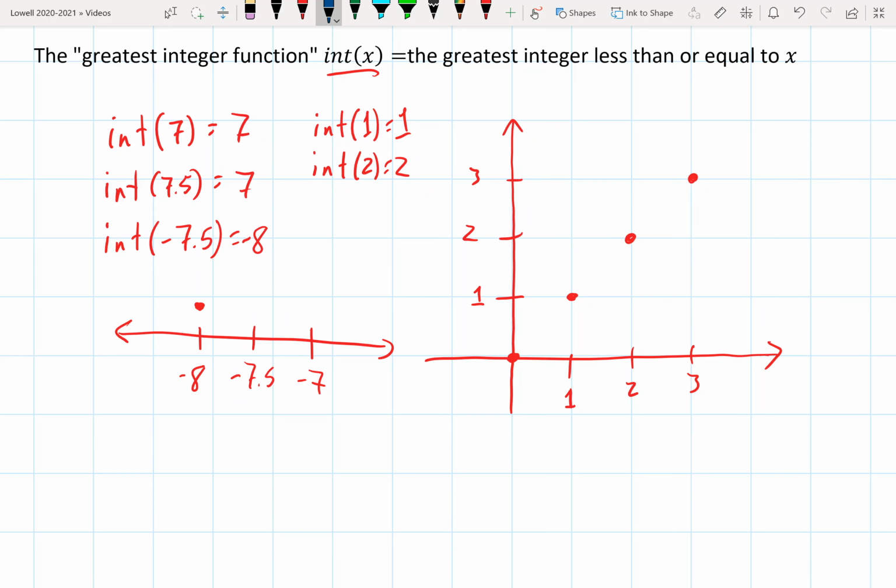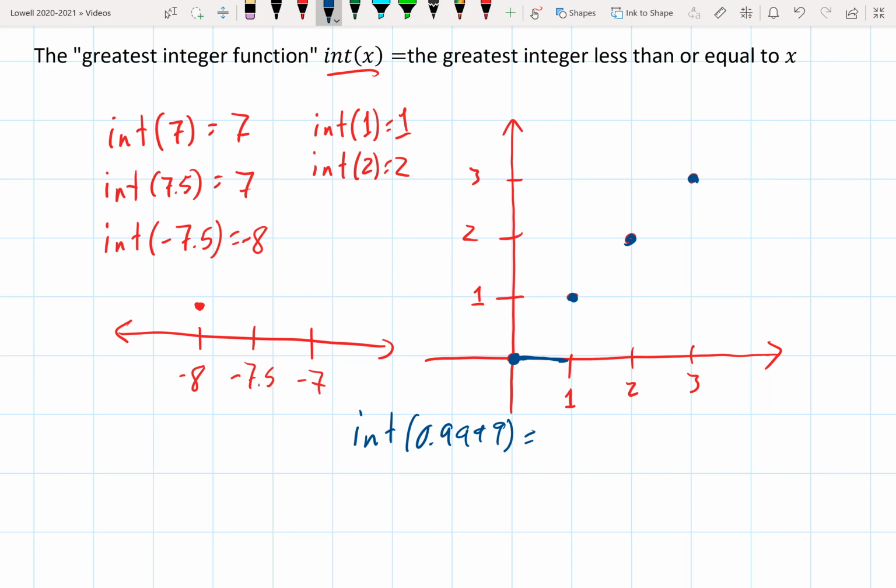I'll use blue to draw the graph. Between 0 and 1, the biggest integer less than or equal to those values is going to be 0. It's going to stay 0 up to 1, even when I plug in 0.99999, or however many nines I said.